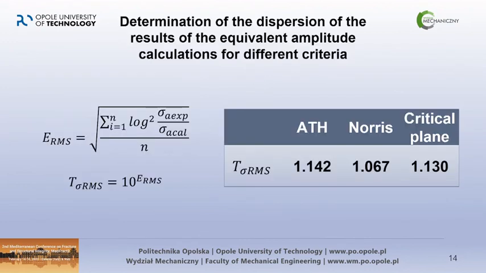However, just if you see the results, it may not be enough, as based on the graph, you can see that they were good, all of them were good, but not perfect. So we decided to determine the dispersion of the results using the equations which we have had, the equations which are shown on the left of this slide, and we used them to calculate the dispersion.